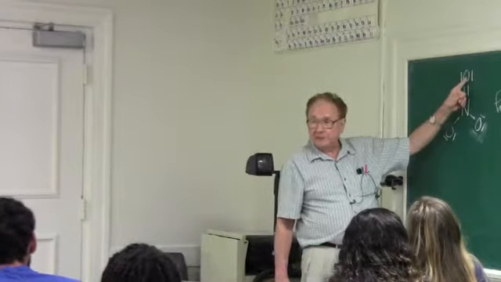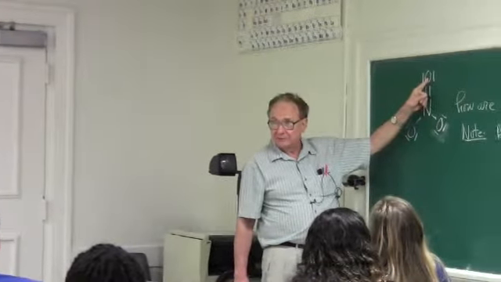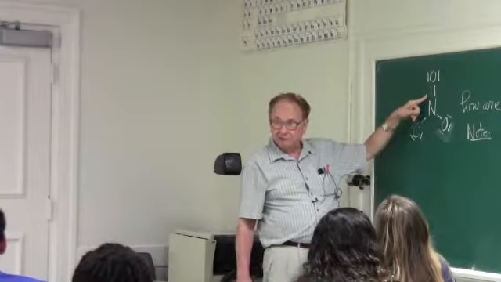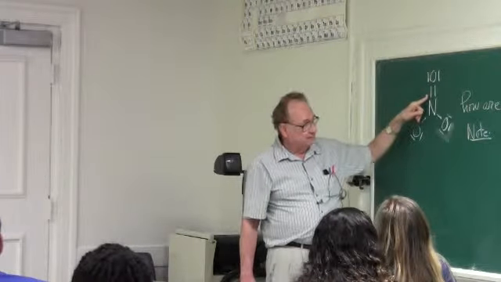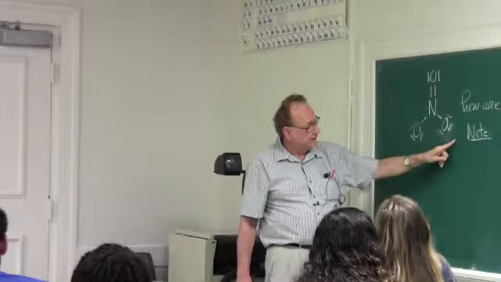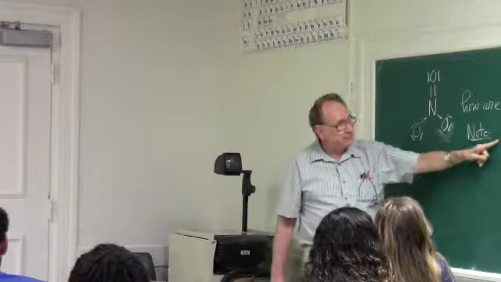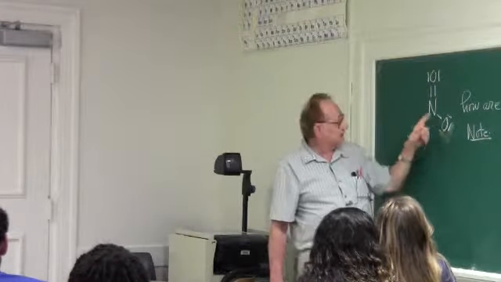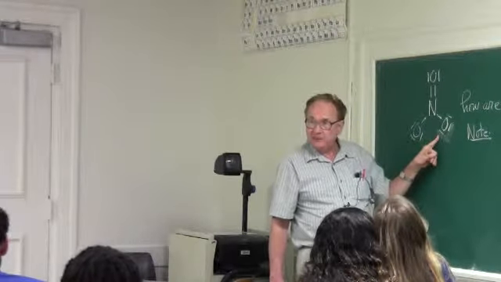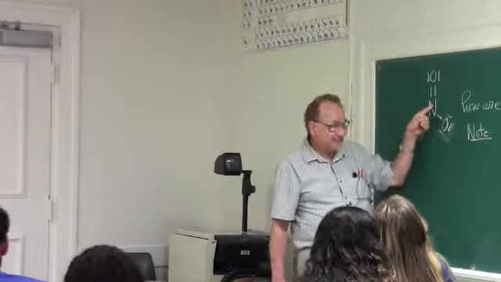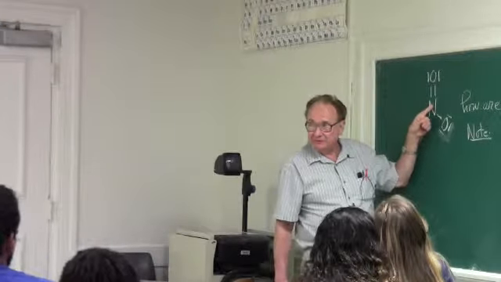Now this oxygen appears to be sp2 because it's associated with this pi bond. But note, an atom with non-bonding pairs, these atoms all have non-bonding pairs, bound to an atom which is sp2 hybridized, that's this atom, is also sp2.